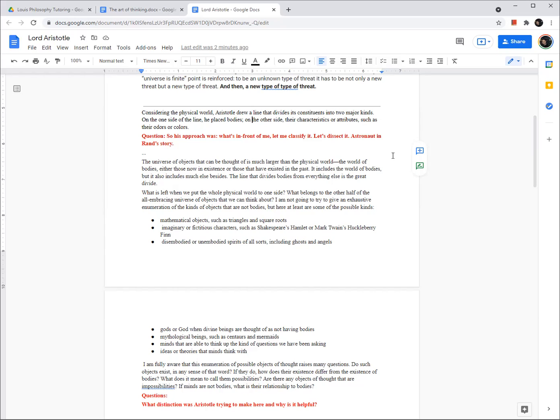It's like that story of the astronaut that goes to space, and there are three people approaching him. If it was Aristotle, he would go up to them and dissect all of them. He'll just start dissecting everything. What's in front of me, I'm going to dissect it. That's his approach, both conceptually and physically.